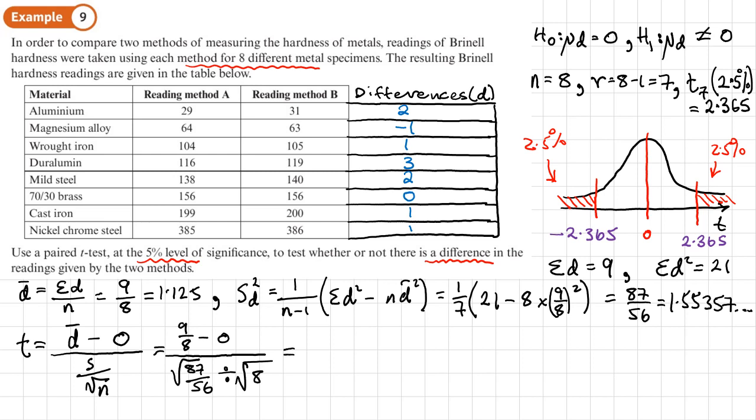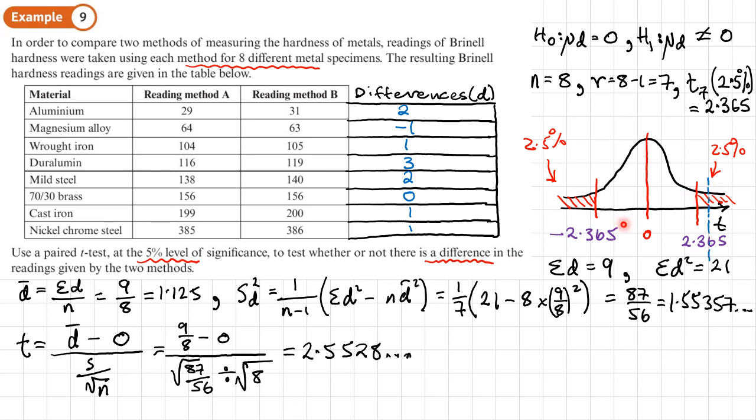That gives me 2.5528. That's enough to tell me that this value here is in the critical region. That's going to be over here somewhere, on this side.